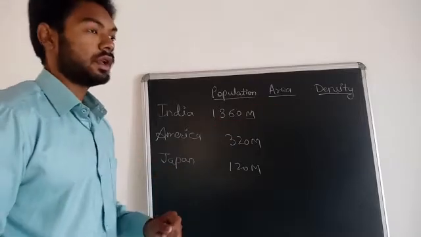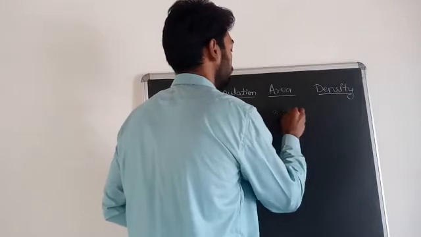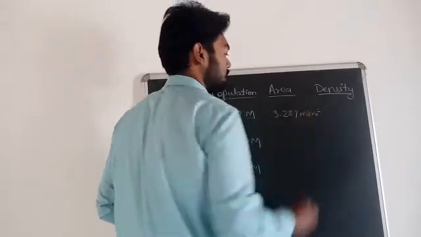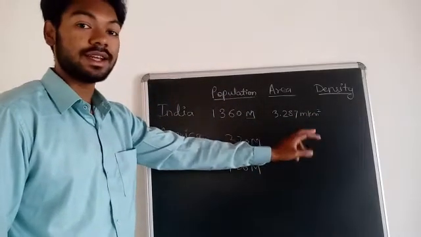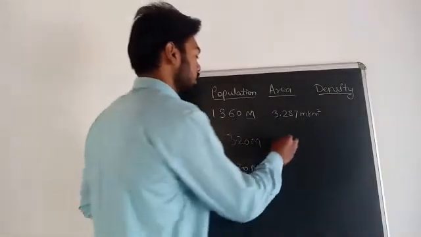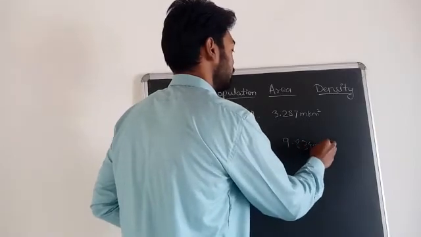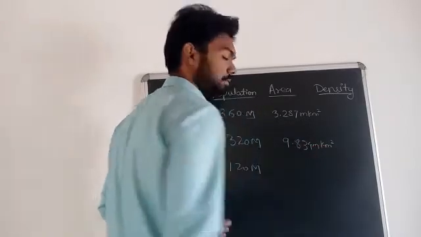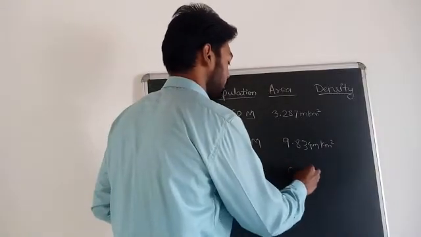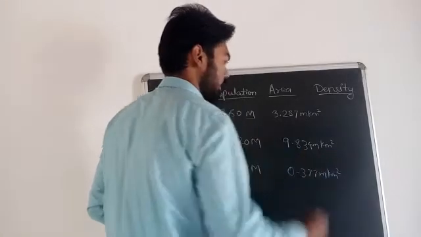Then area. The area of our country is about 3.287 million square kilometers. The area of America is about 9.834 million square kilometers, and the area of Japan is about 0.377 million square kilometers.